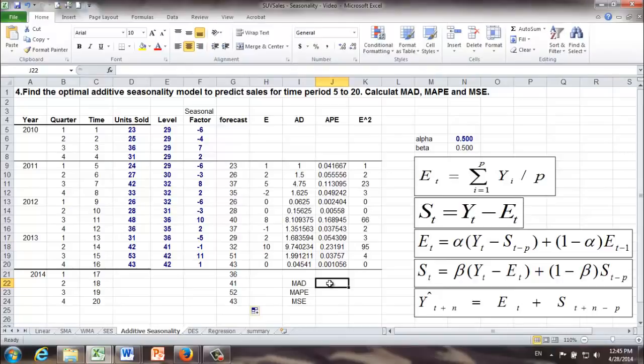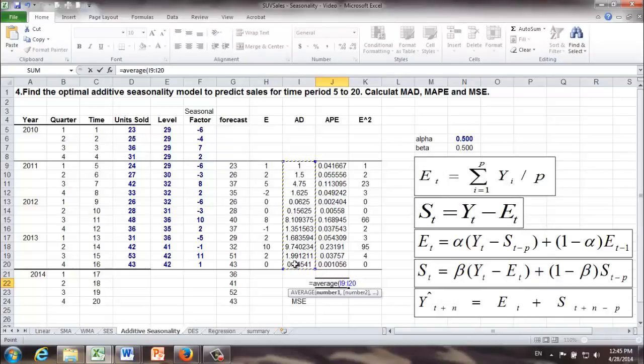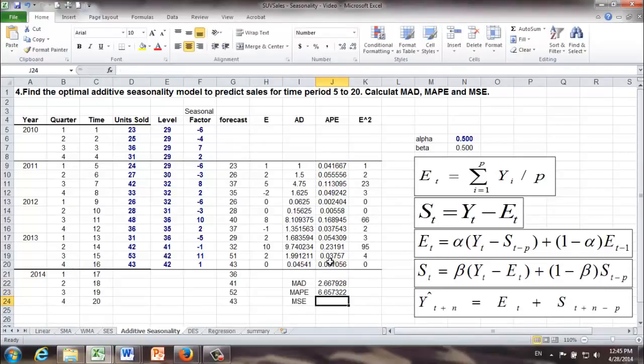Let's calculate MAD, MAPE, and MSE. MAD is the average of all the absolute deviations. MAPE is the average of all the APEs times 100.